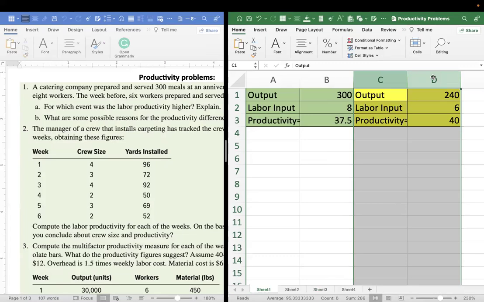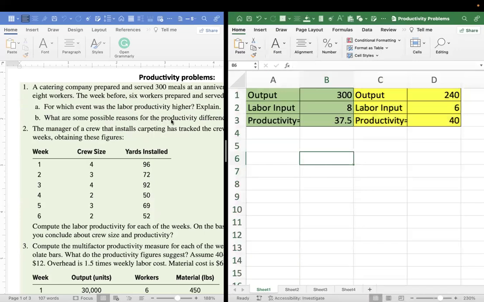Another thing could be that maybe we don't know what time and day these events were. So for instance, if one of these events was on Monday, you can imagine that someone might be a little bit tired on Monday, after Sunday, and maybe their productivity was not as high. So there can be many other reasons.